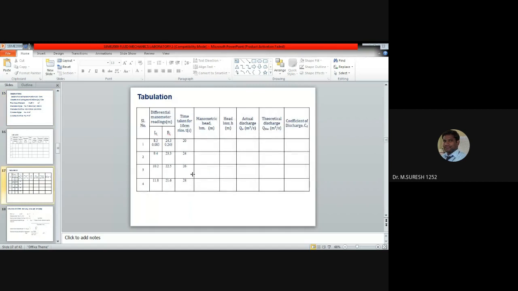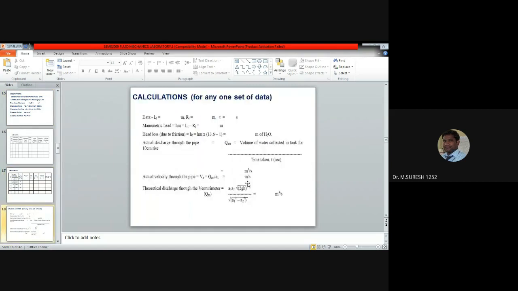That value you can use here and find out the actual velocity, then the theoretical discharge through the orifice meter. Here it says venturimeter, but it should be orifice meter. So instead of venturimeter, you can use orifice meter. While uploading this experiment in Google Classroom, I will correct it and upload it.